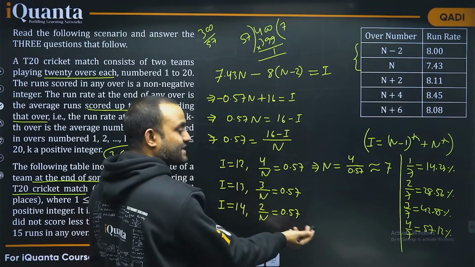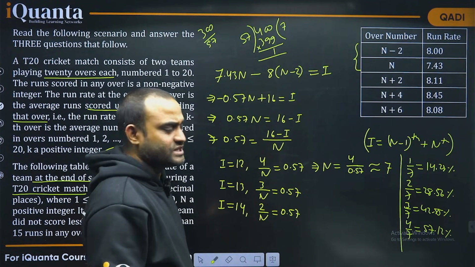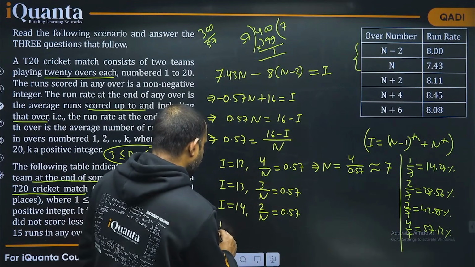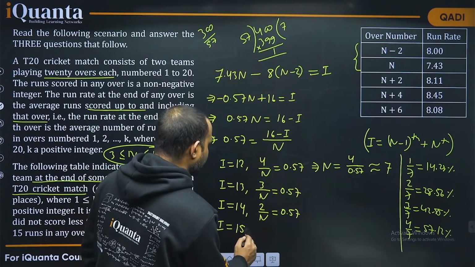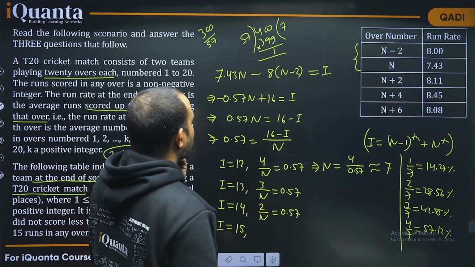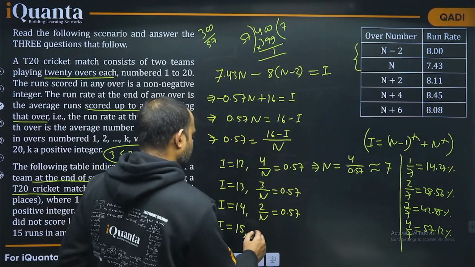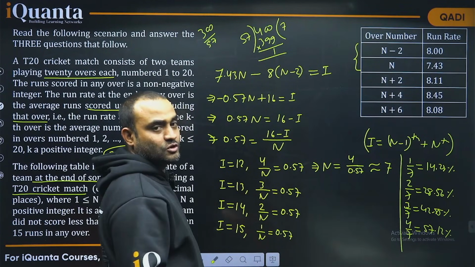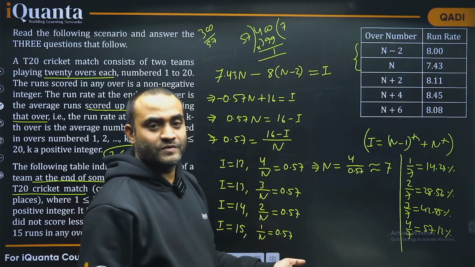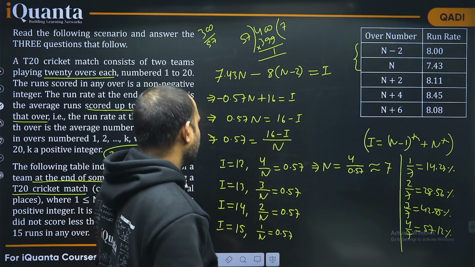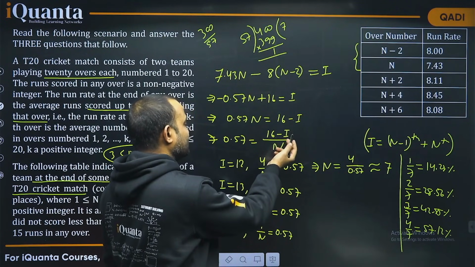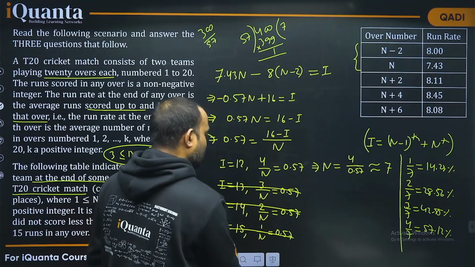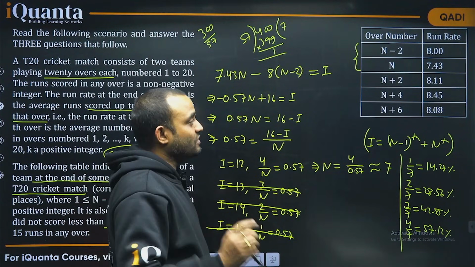Again, n cannot be anywhere close to an integer, 200 upon 57. Then I can take maximum 15, so 1 by n is equal to 0.57. Again, 1 by 2 is equal to 0.5. So, 1 by n is 0.57 is not possible, right? And you cannot take it 0. If you make it 16, everything will become 0. So, one thing that we got here is that all of these are not applicable. N can take only one value, which is 7.